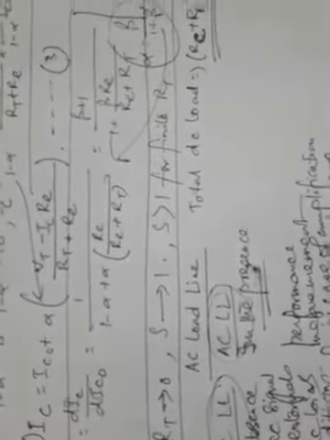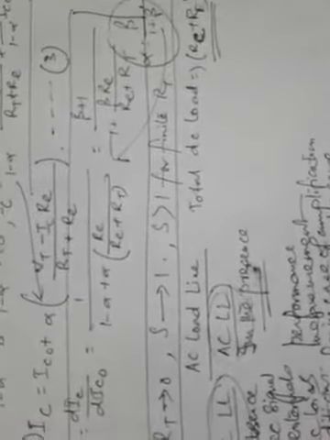This is the total DC load, and consequently the DC load line must be drawn for the resistance RC plus RE. Obviously, now with RE bypassed by C, as C is used as a bypass capacitor, the AC load is RC. So there is a difference between DC and AC load.